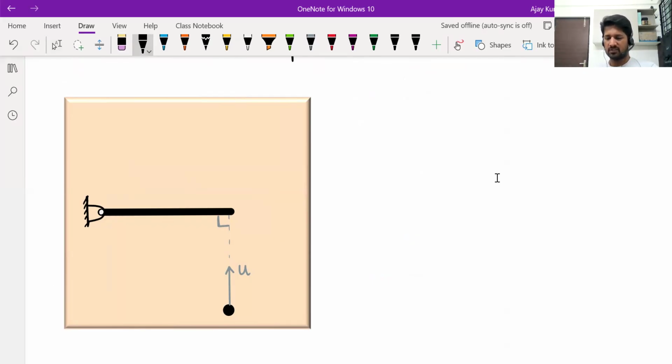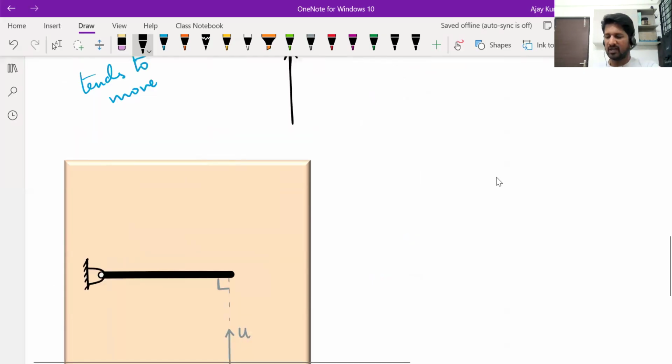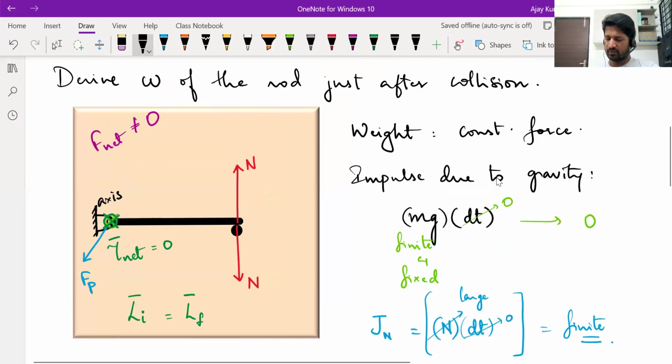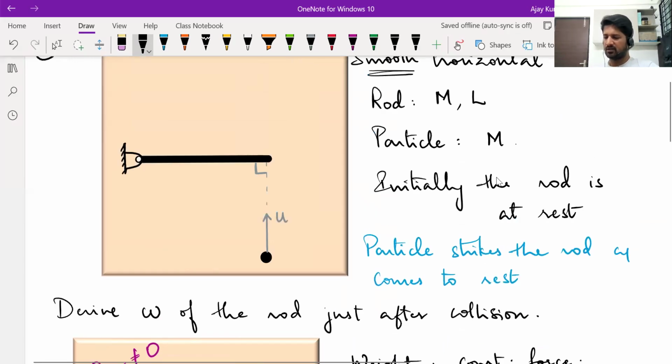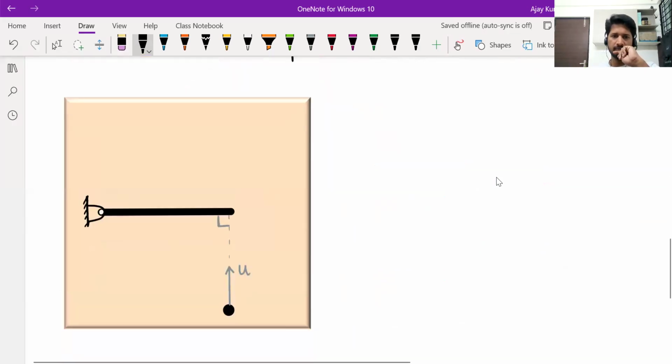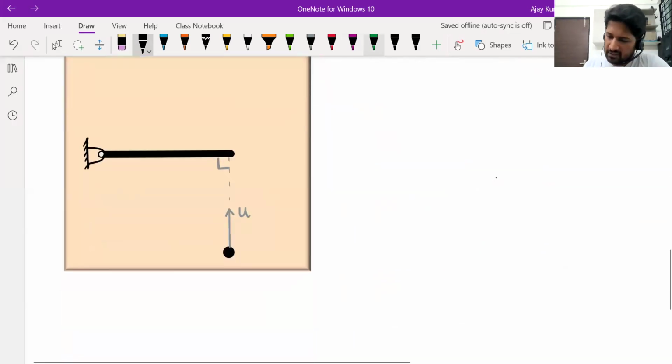What was moving before collision? So the ball or the finger or whatever. The particle. Okay. The particle was moving before collision. After collision, the particle comes to rest. It's given to you in the problem that the particle strikes the rod and comes to rest. So after collision, it's only the rod that moves. Okay. We have identified the axis about which angular momentum is conserved.